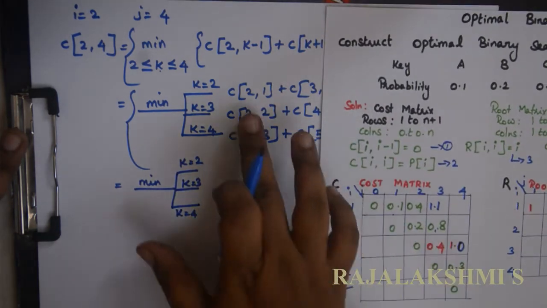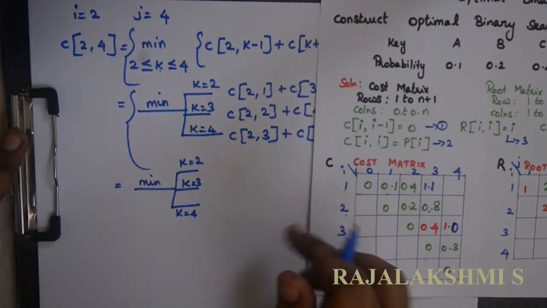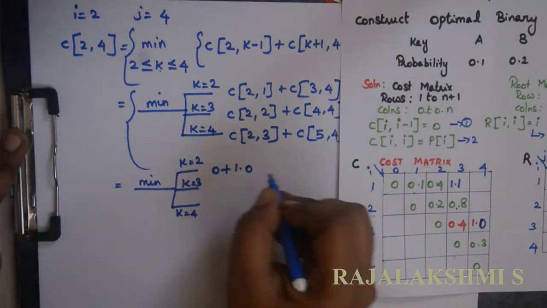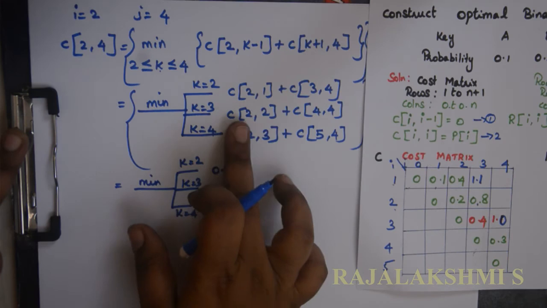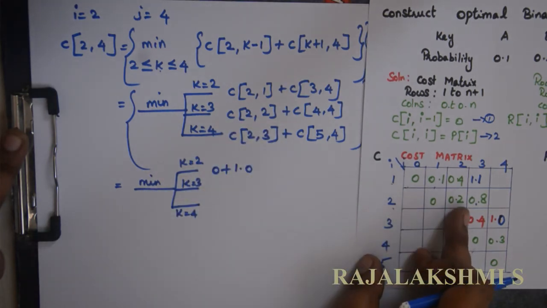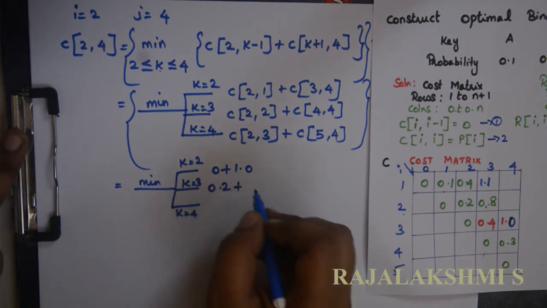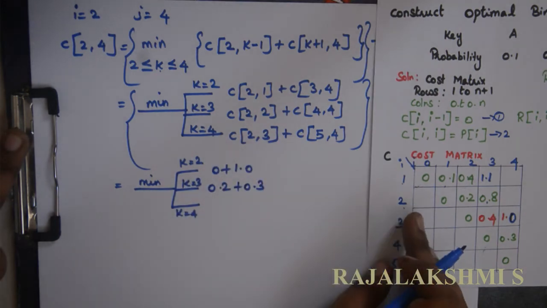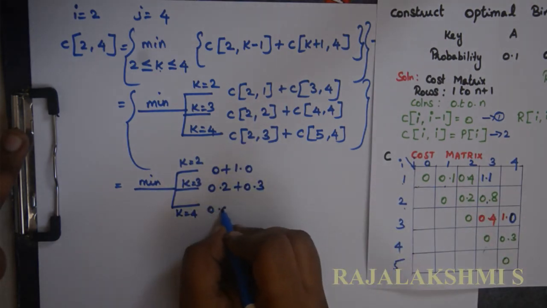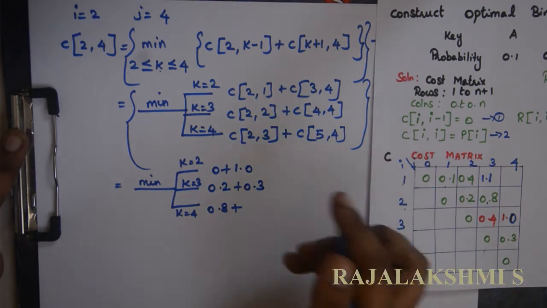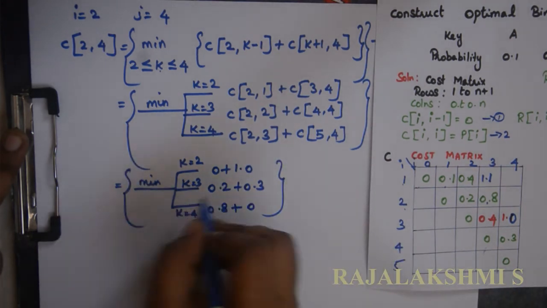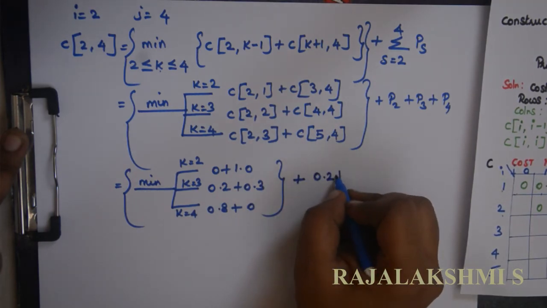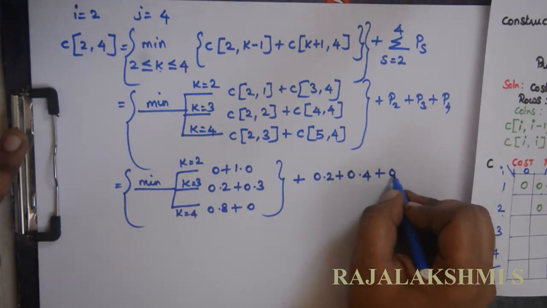So C of 2 comma 1 is 0 plus C of 3 comma 4 which is 1.0, and then C of 2 comma 2 is 0.2 plus C of 4 comma 4 which is 0.3, and then C of 2 comma 3 is 0.8 plus C of 5 comma 4 which is 0, plus P2. The value of P2 is 0.2 plus 0.4 plus 0.3.